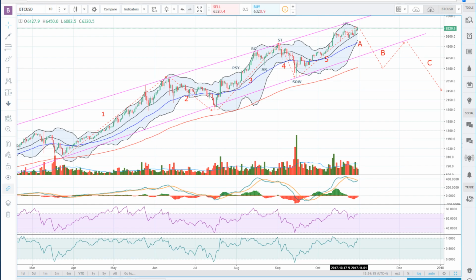I've been pretty open about how I feel that we're going through a distribution phase. I think this distribution phase is going to shake out a lot of people, and then on the next accumulation phase, we're going to see the next influx of institutional investors enter the market.